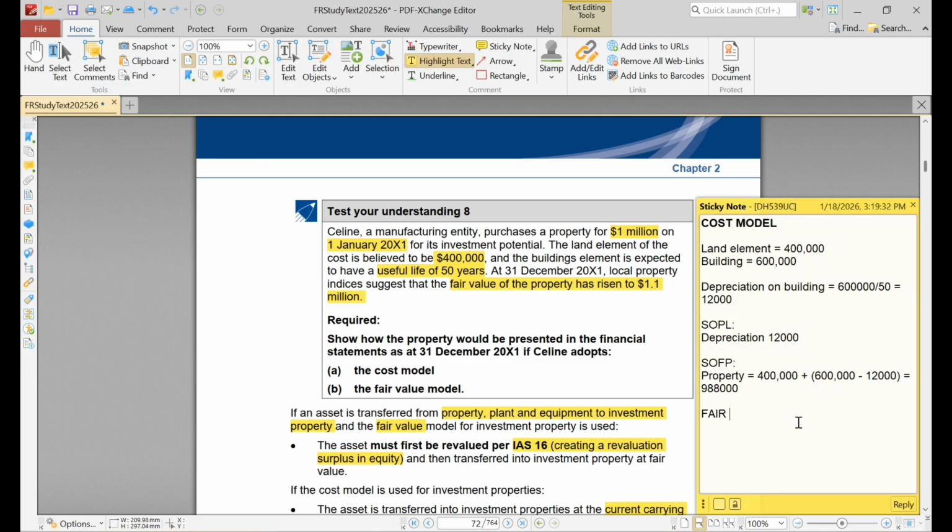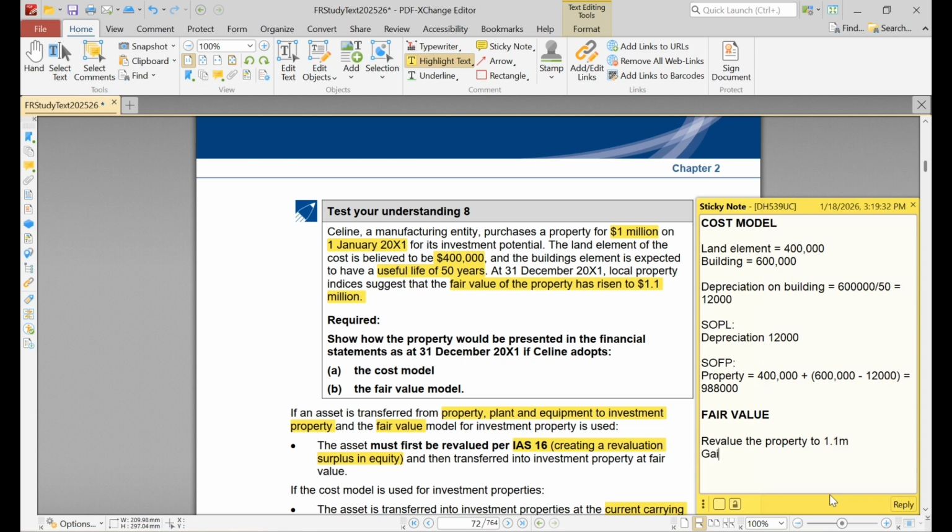Now in fair value model, you have to revalue the property to fair value at the end of the year. So at the start of the year it was 1 million. At the end of the year it is 1.1 million. So revalue the property to 1.1 million.